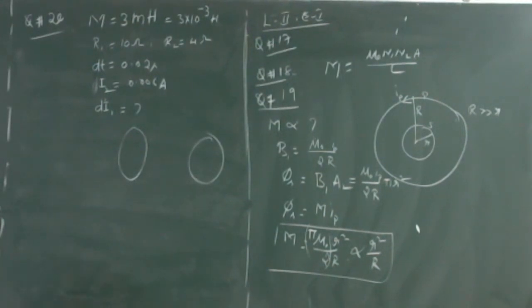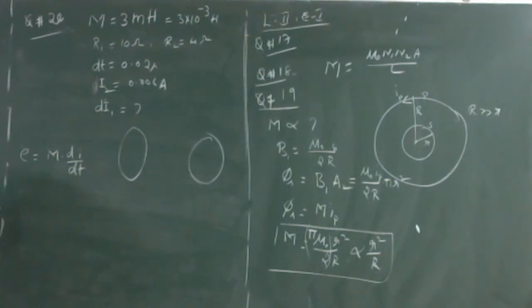What should be the change in current in the primary, so that the induced current in the secondary is this? Now what is the EMF induced in the secondary coil? E is equal to M into di by dt.